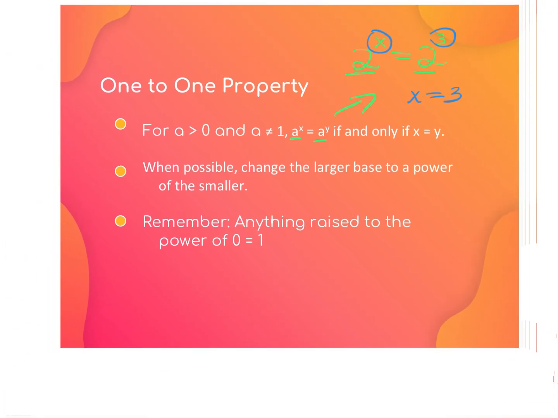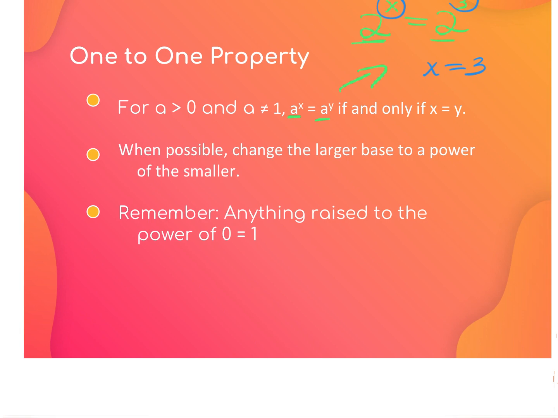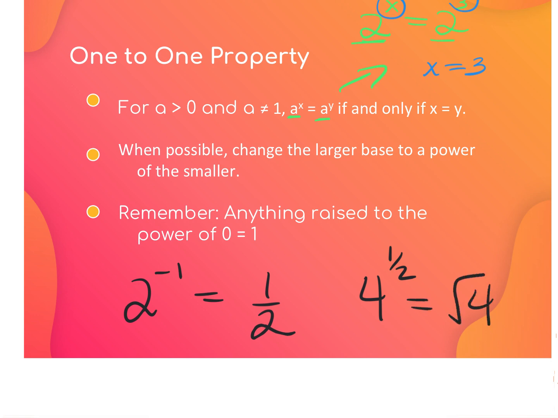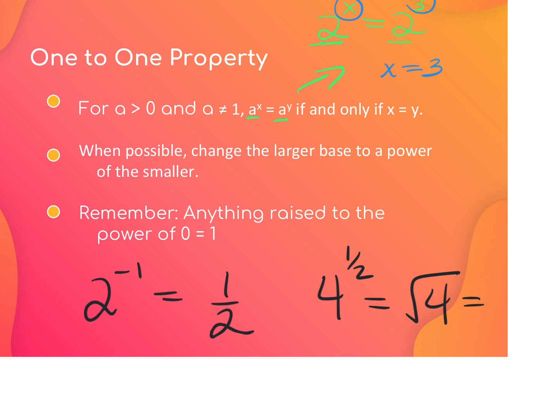Now, one other thing to remember is when you have a negative exponent, a negative exponent does not make the number negative, it makes it a fraction. Also remember, if you have a fraction exponent or a rational exponent, this is actually saying find the square root of 4, and then this answer would be 2.